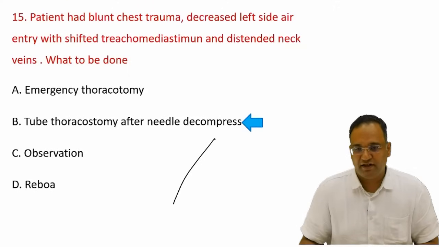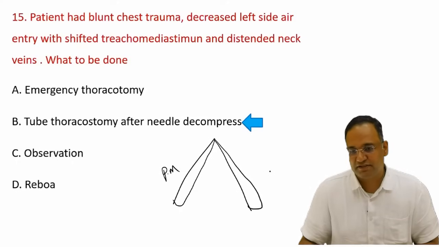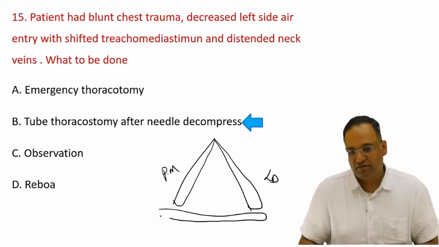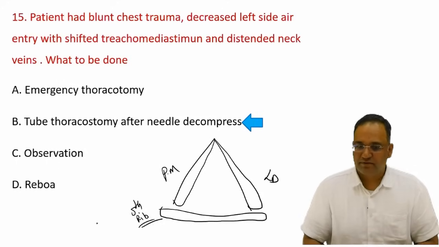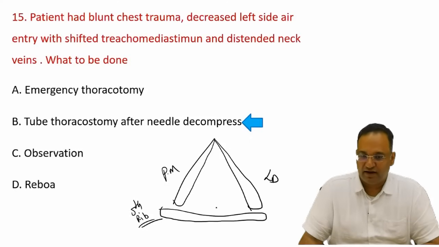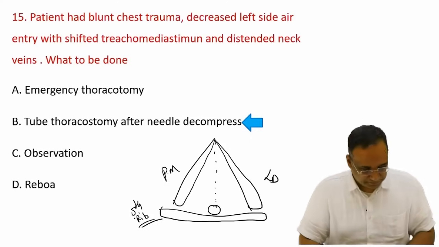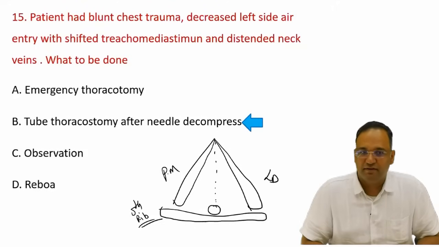The triangle of safety, all of you know, is formed anteriorly by the pectoralis major muscle, posteriorly by the latissimus dorsi muscle and inferiorly by the fifth rib. Understood? And you will go most probably in the mid-axillary line. So, needle decompression first, life saving, then tube thoracostomy.